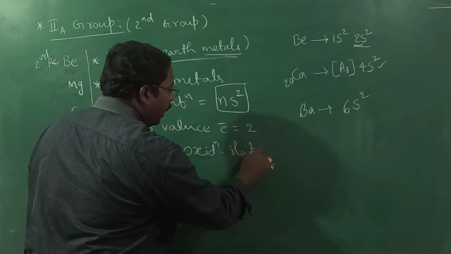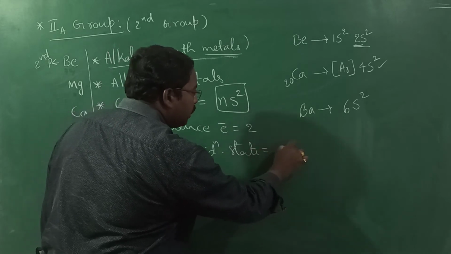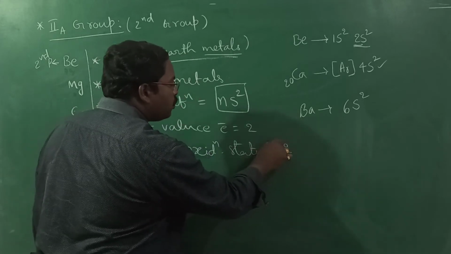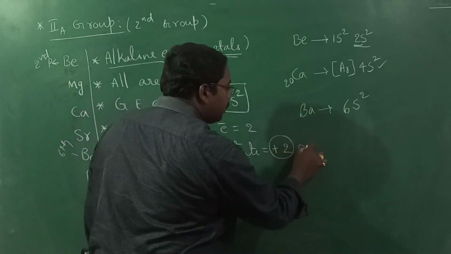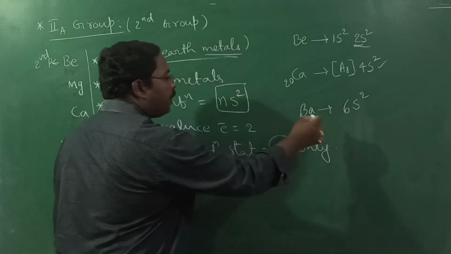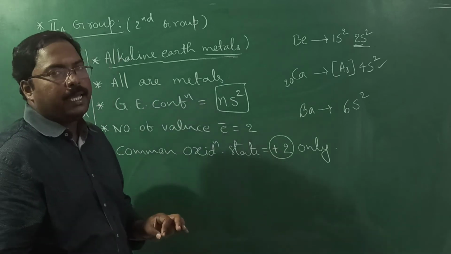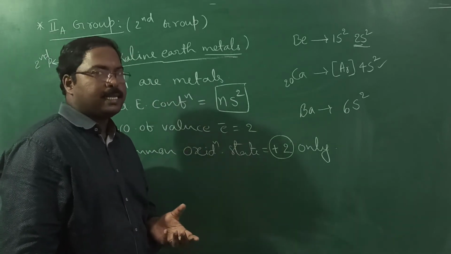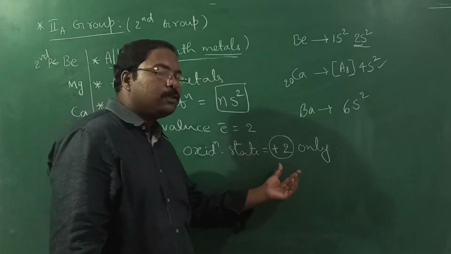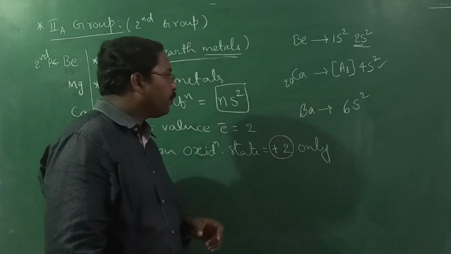Having only 2 electrons, they always lose those 2 electrons. So second A group elements exhibit only the +2 oxidation state. They don't exhibit other oxidation states.